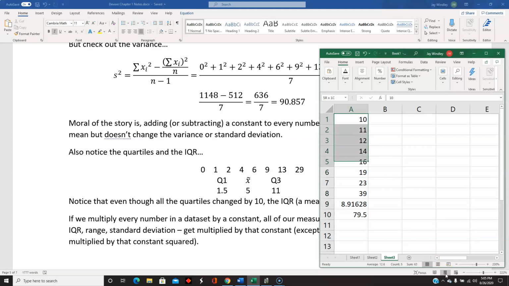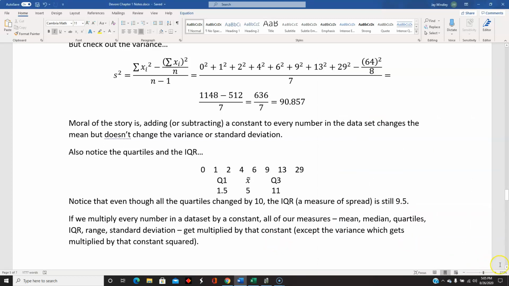If I take all of these numbers and multiply by 10, and then copy my standard deviation formula and copy my variance formula, notice multiplying all the numbers by 10 multiplied the standard deviation by 10, but it multiplied the variance by 100 because the variance is the standard deviation squared. Okay.